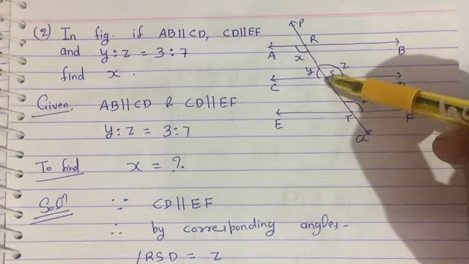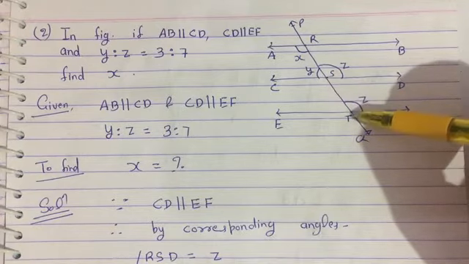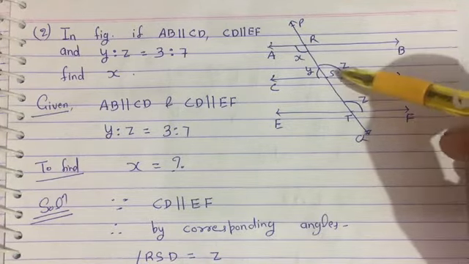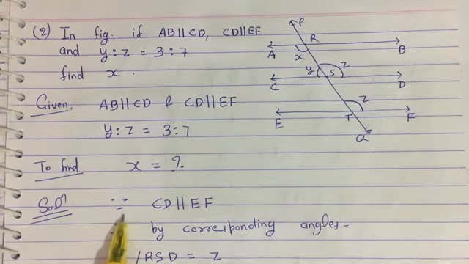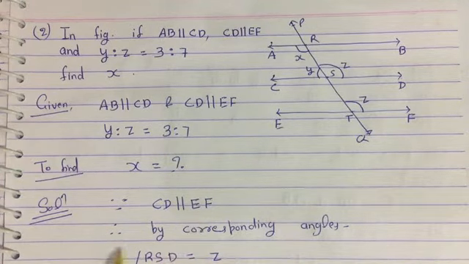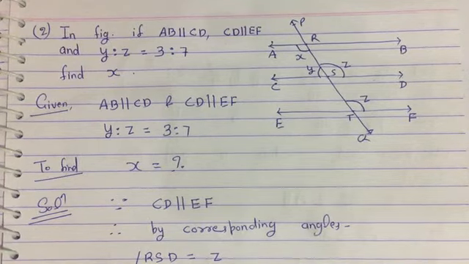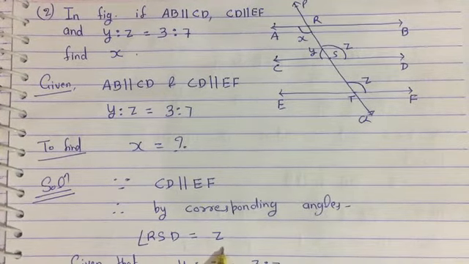Angle RSD, and this angle STF, both are equal to each other. Why? Due to the corresponding angles. So write it down. Since CD is parallel to EF, therefore by corresponding angles, angle RSD is equal to z.